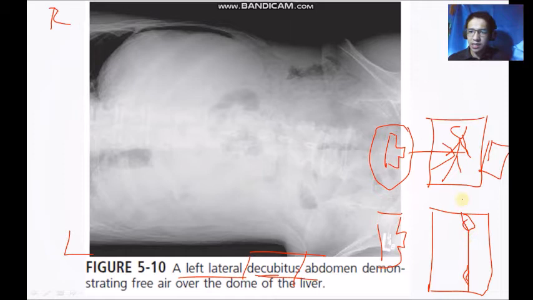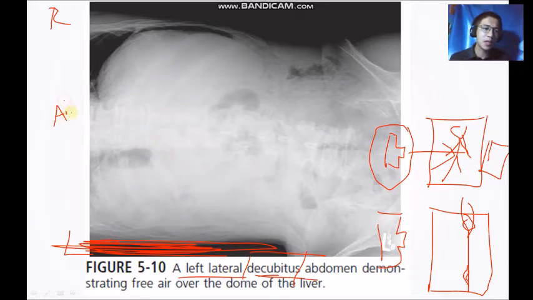Then, iyahang hand is directed towards the upper portion na nakatakilid sa patient. That means the left side of the body is placed in contact with the radiographic table. So the purpose for this positioning is to demonstrate, almost similar with the upright na position, air fluid level.